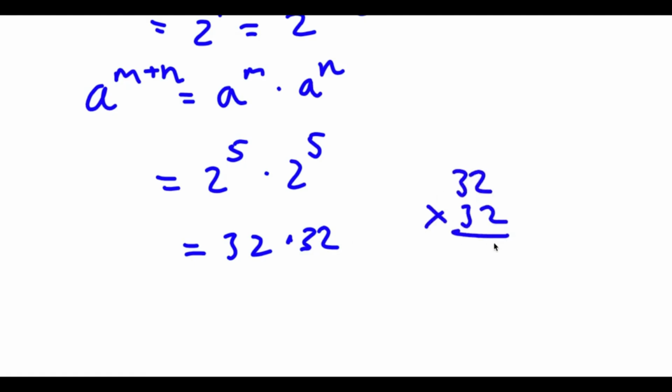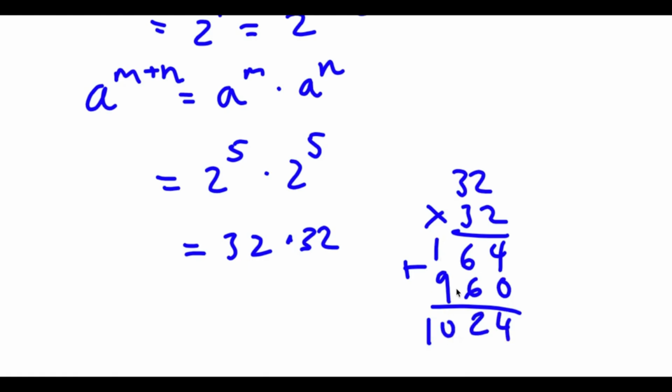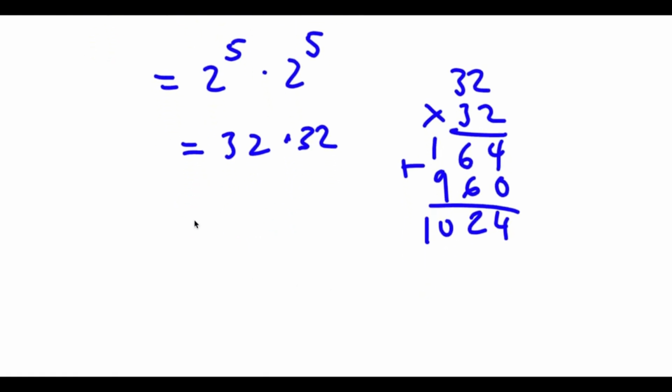32 times 32: 2 times 2 is 4, 2 times 3 is 6, 3 times 2 is 6, and 3 times 3 is 9. So I have 64 plus 90, which is 1,024, since 4 plus 0 is 4, 6 plus 6 is 12, so I carry the 1, and 9 plus 1 is 10. So I have 1,024.